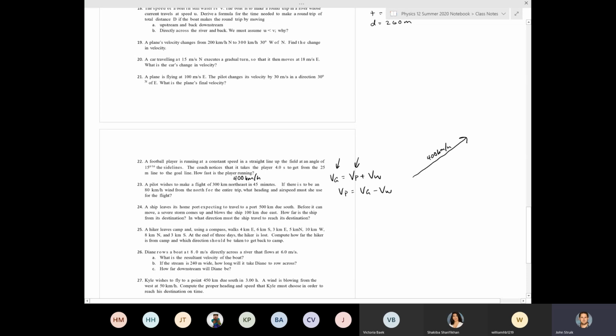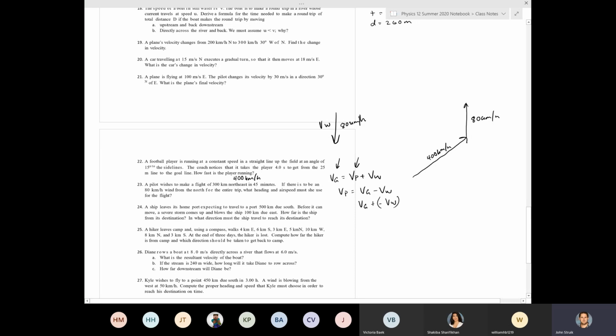The wind is 80 kilometers from the north, so VW is 80 kilometers per hour. But because we're adding the negative VW, VG plus negative VW, we're actually going to add this 80 kilometers per hour.